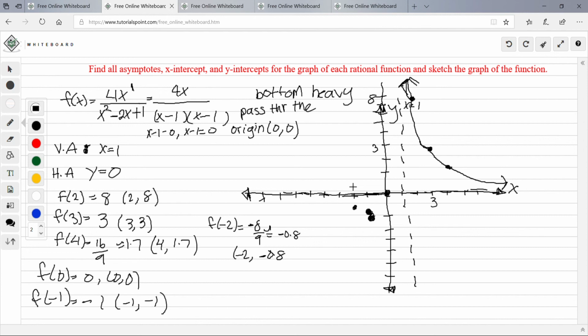Still not enough. I'll try -3. If you plug in -3, you get -12 over 16, which is about -0.75. So that point is -3, -0.75. Should be right here.